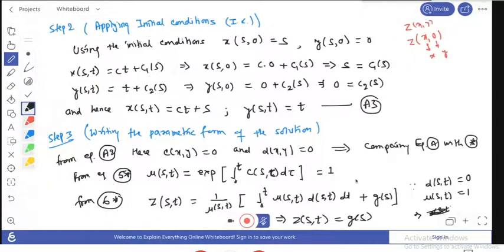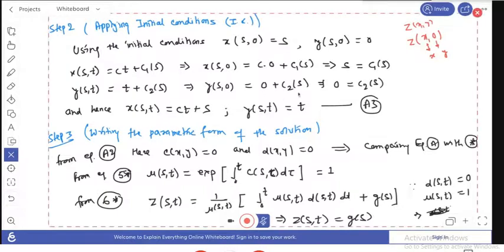Now what is the equation z of s0? In the next page, we have to find the value of this parametric form. What is the value of this z of st? You will write this in the next page.